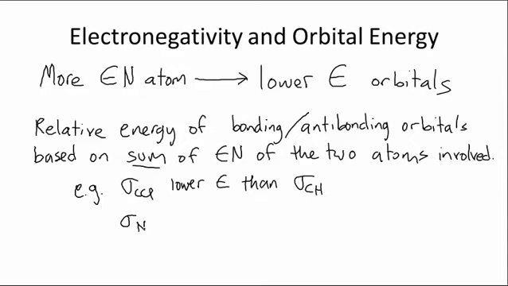Sigma NO would be lower than sigma CN, for example. And that's because oxygen is more electronegative than carbon.